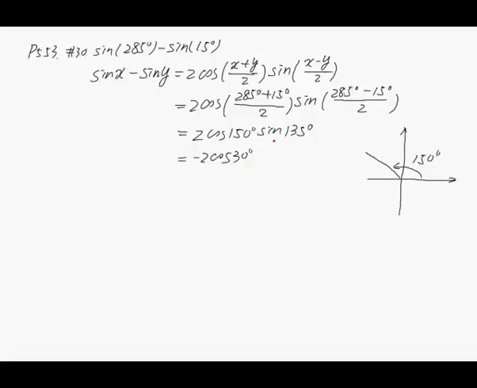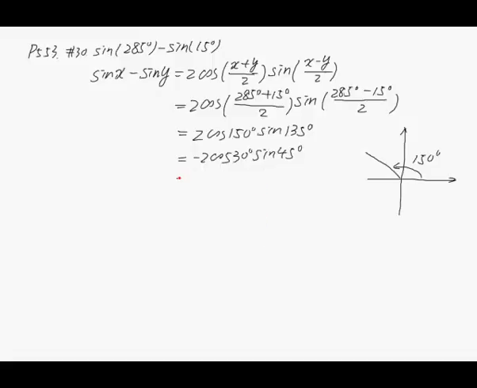And then what is the reference angle of 135 degrees? 45, right? 180 minus 135 is 45. And sine is positive in quadrant 2. So sine of 135 degrees is equal to sine of 45 degrees.